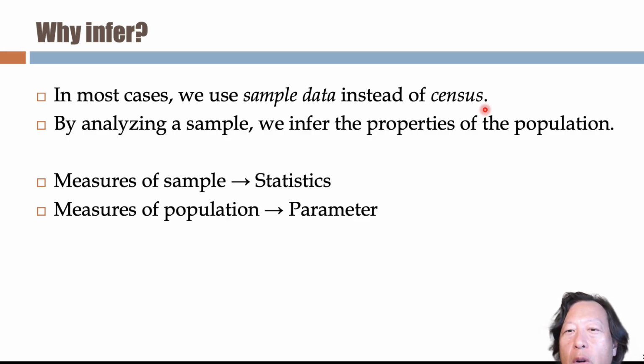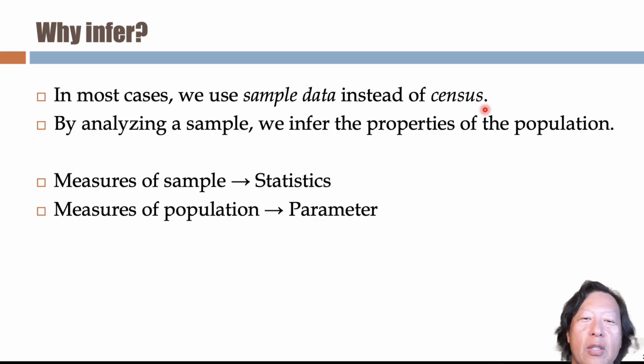Then that data we call a census, because we examined everybody. So my data set is the population data. Maybe at a university we can do that, but if you are trying to find out the height for everybody, it's going to be really expensive. It takes a long time to measure everybody's height, right? So that's why we use a sample.